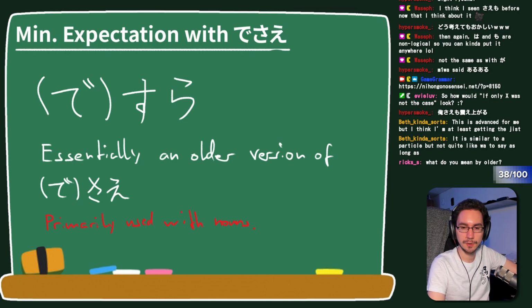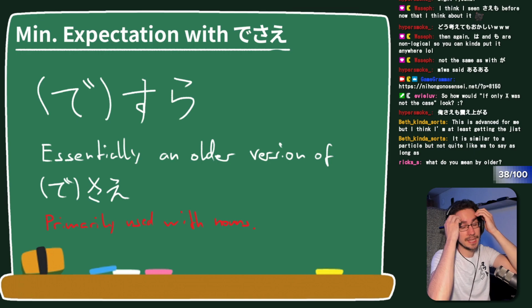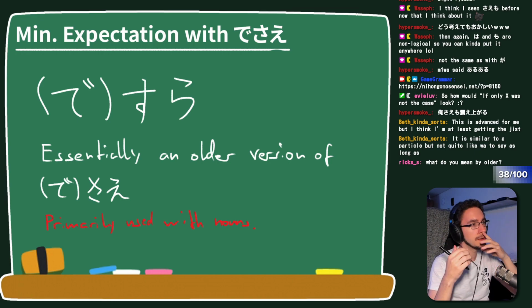What do they mean by older? Usually when the word older is used, it means more archaic. So that probably means that you will see it less. It's not going to be as common. And the places where you might see it are more formal or more archaic settings. Or if you have older people, they might use it more than younger people.